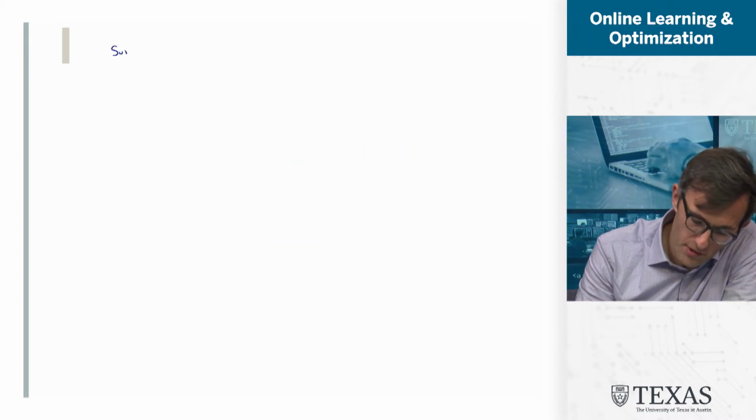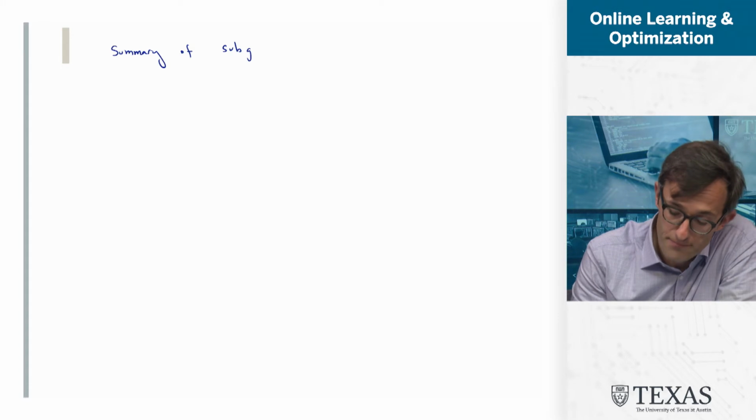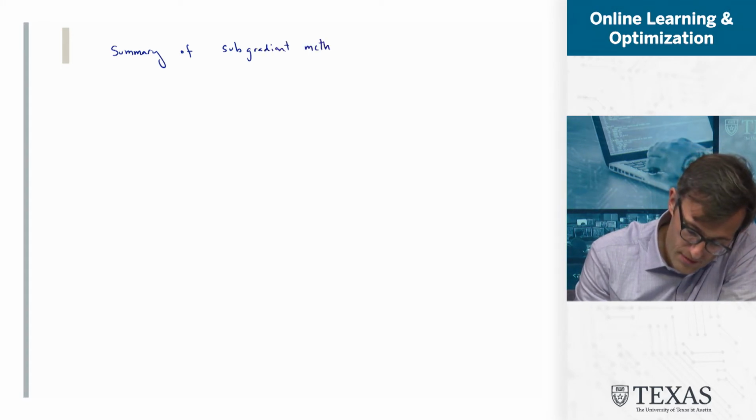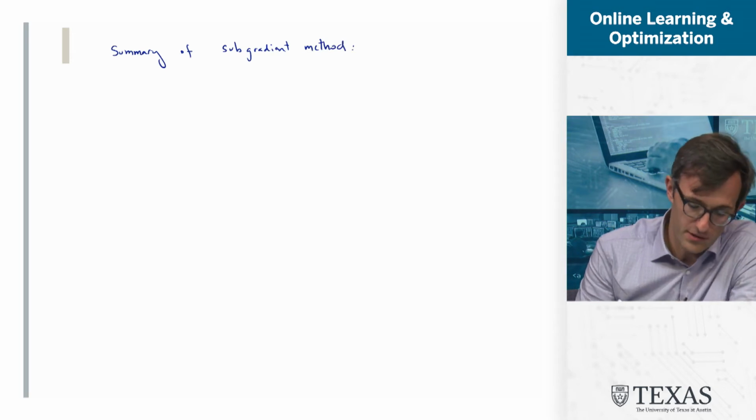So our summary of subgradient descent, of the subgradient method, is as follows.